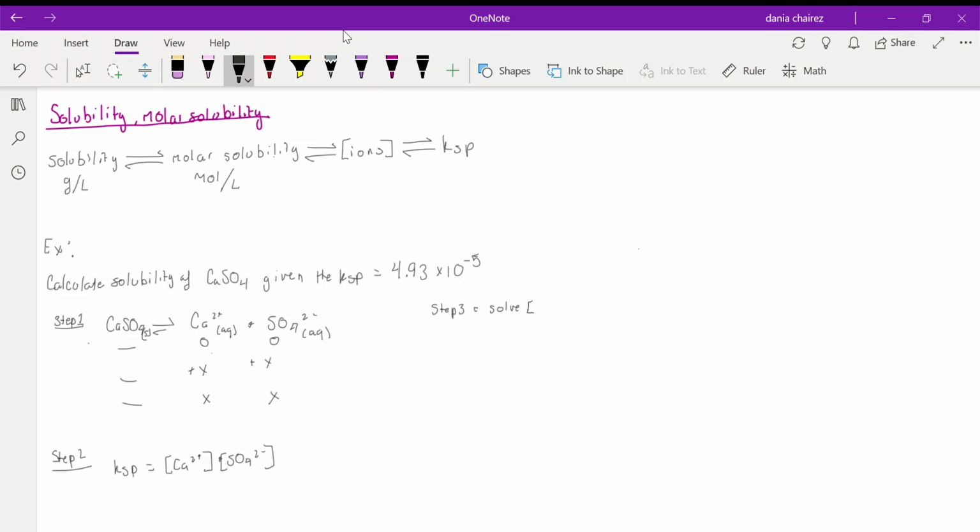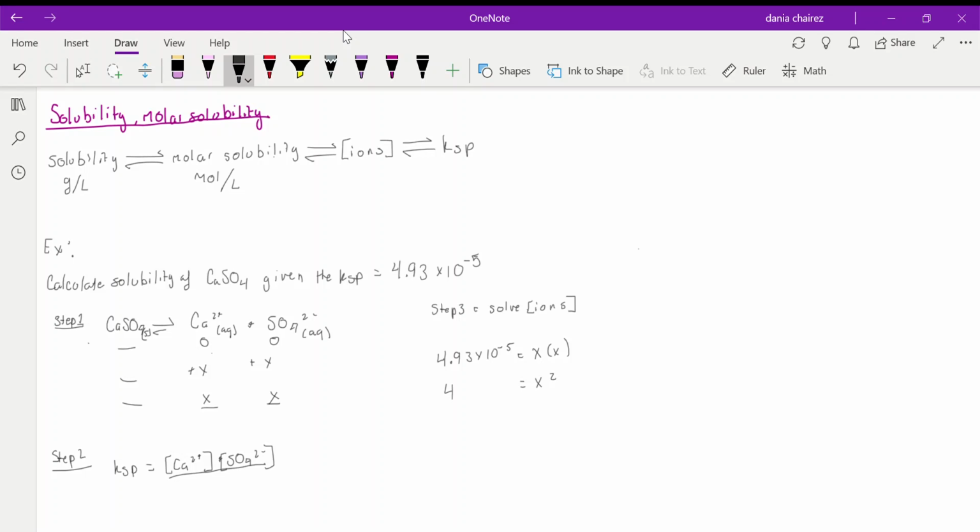So then we can carry on to step 3, and that's going to be to solve for concentration of ions, which we were given our Ksp, which is 4.93 times 10 to the negative 5. And that's going to be equal to this that we wrote over here. But since I gave them the x, we can essentially just do x times x, which is also equal to x squared.